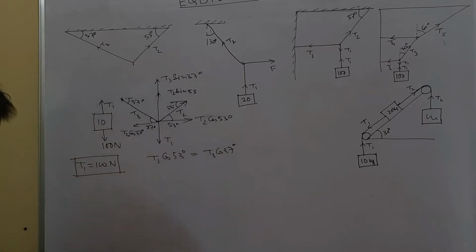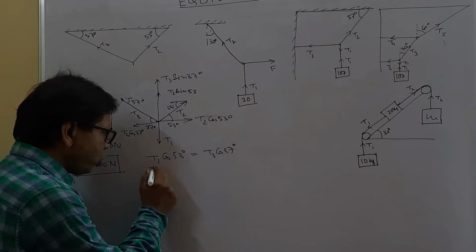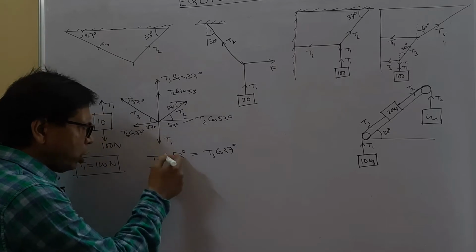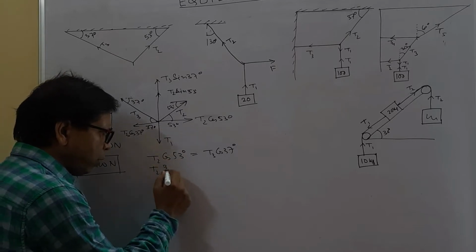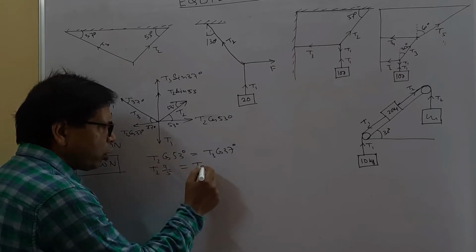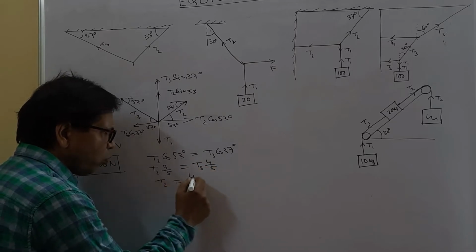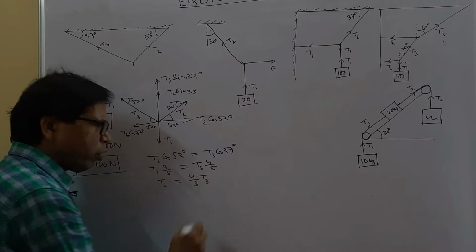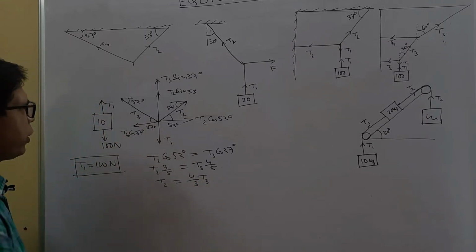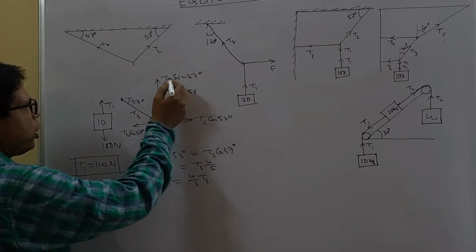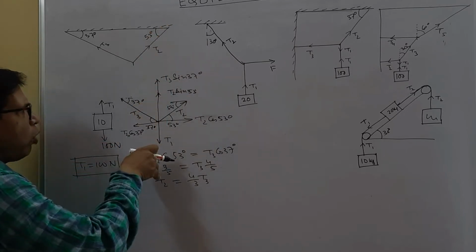Now put the values here. T2 cos 53 degree is 3 by 5, and for T3 this is 4 by 5. Therefore T2 equals 4 by 3 T3. Next, look at the upward forces and T1 in the downward direction.